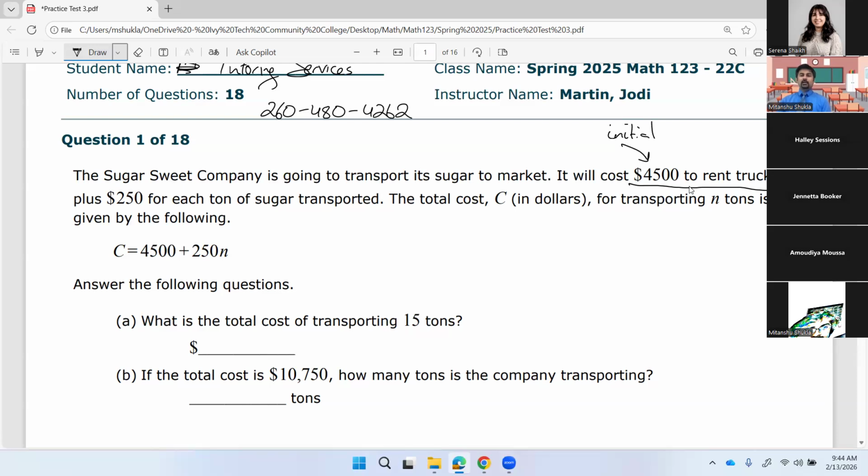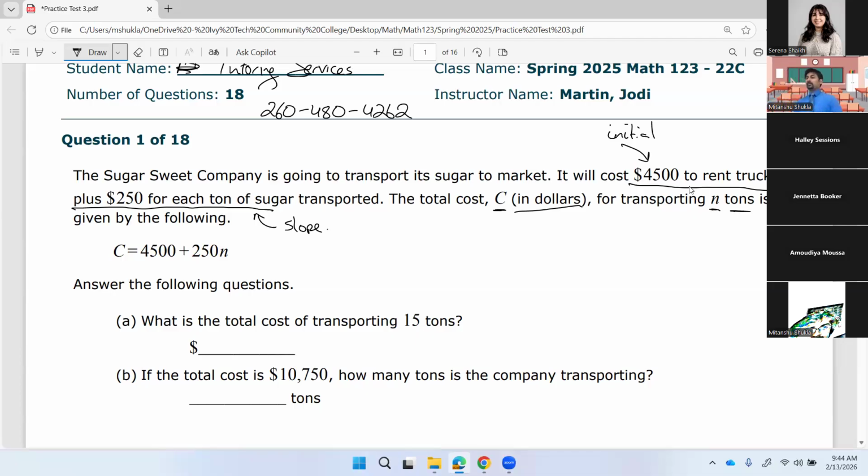and plus 250 for each. When I see for each, for every, per, things like that, these are clues that this is going to be a slope. And then they tell us that the total cost is going to be represented by the letter C in dollars for transporting N number of tons.